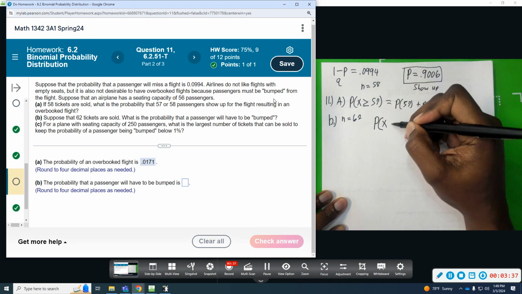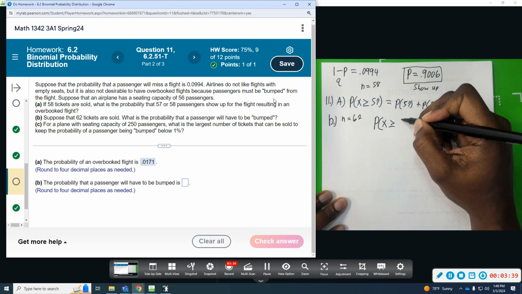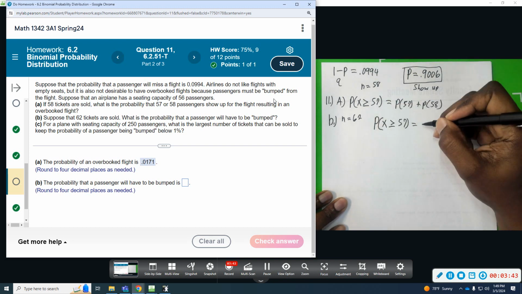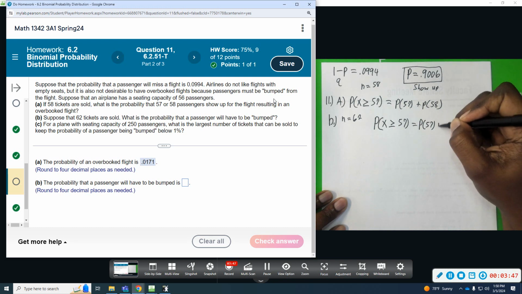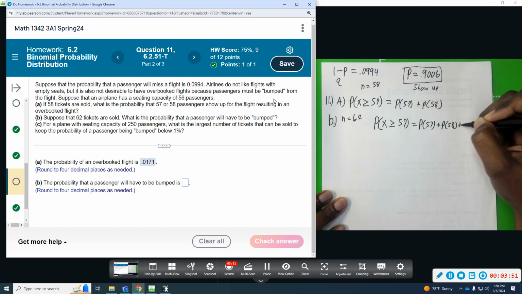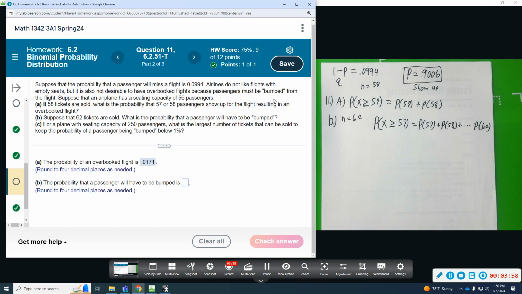So it's the same thing right here, greater than or equal to 57. However, now that we have up to 62, that would be 57 plus 58 plus, and we will go all the way up until we got to 62, the maximum number. So we're going to go from 57 to 62.